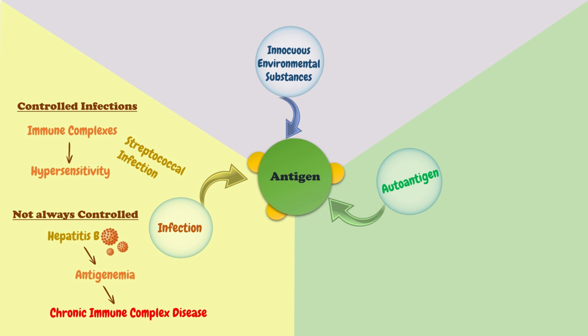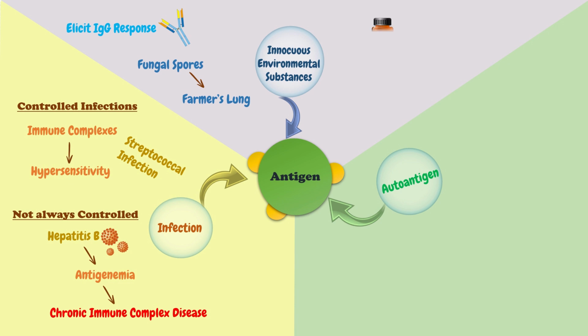Secondly, we have innocuous environmental antigens. These harmless environmental antigens can elicit an immunoglobulin G, or IgG, response if they are small enough to enter the tissues. A good example is fungal spores, which cause the localized immune complex disease known as farmer's lung.